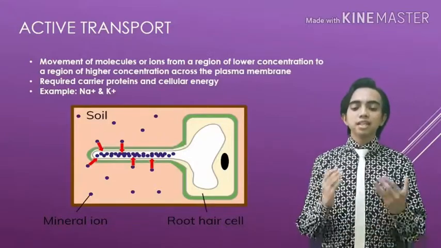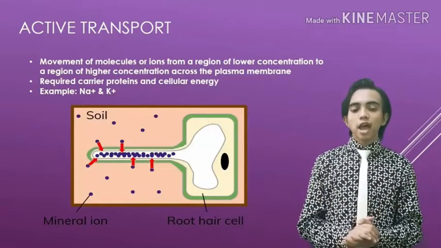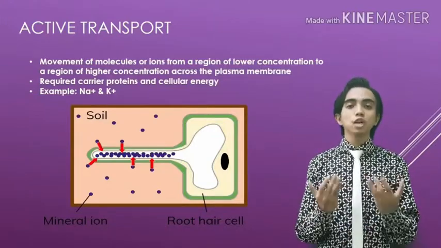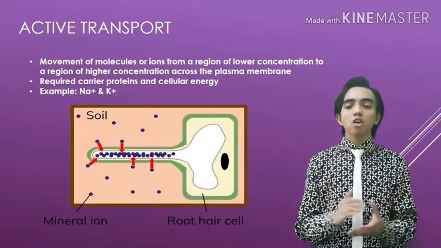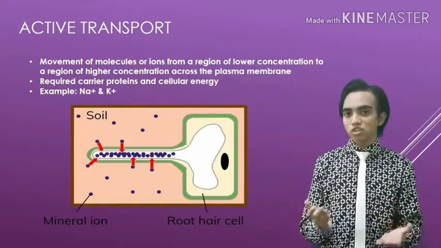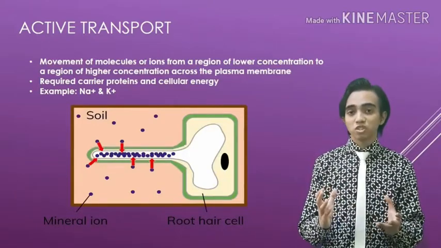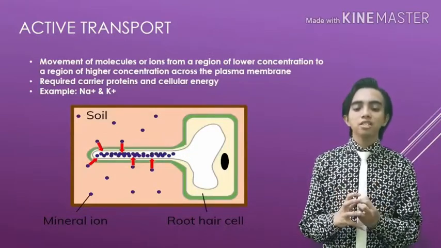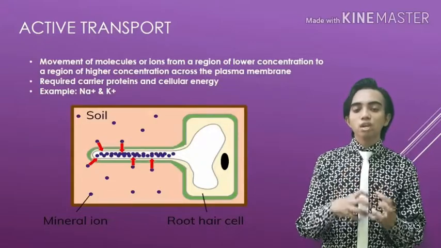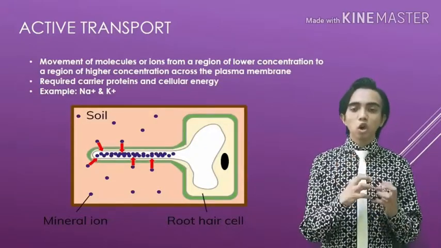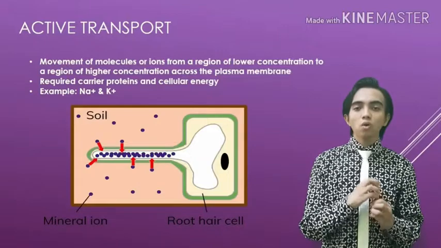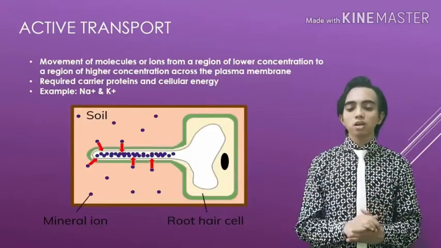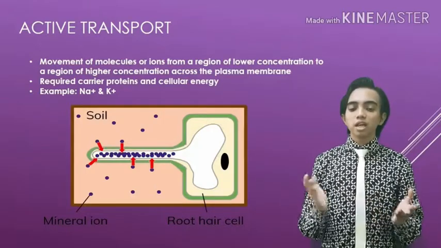So active transport requires carrier proteins and also cellular energy. Cellular energy can be obtained from ATP, which is adenosine triphosphate. This adenosine triphosphate will be produced and it will give the energy for diffusing the molecules or ions from the lower concentration to the region of higher concentration. So it's really important.